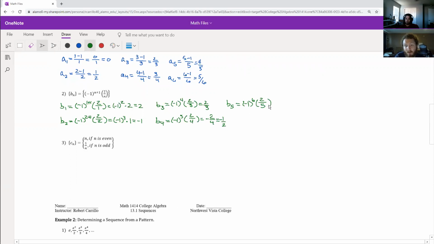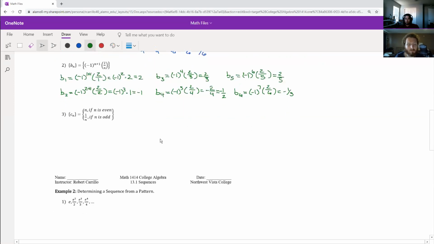Positive 1 times 2/5. This is 2/5. And then b sub 6 will be negative 1 to the 1 plus 6 is 7 times 2 divided by 6. This will be negative 1 times 1/3. This is negative 1/3. All right.